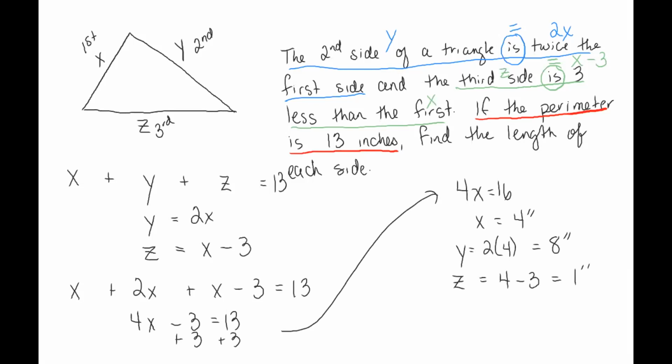And our quick check on this one is to make sure that the perimeter is right. 4 plus 8 is 12, plus 1 is 13, so that looks good. If you were writing this as an ordered triple, it would be 4, 8, 1. And we just solved a system of 3 equations in 3 variables, and we used the substitution method.